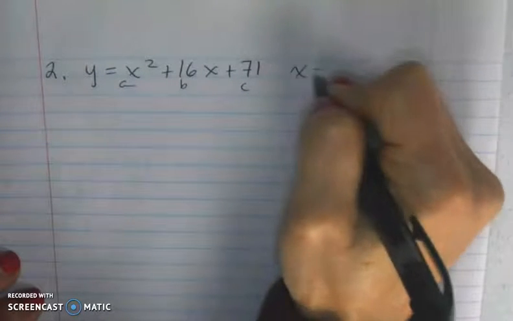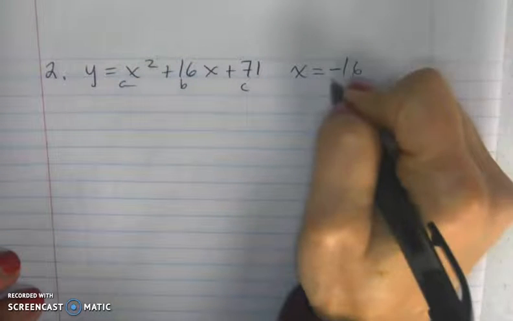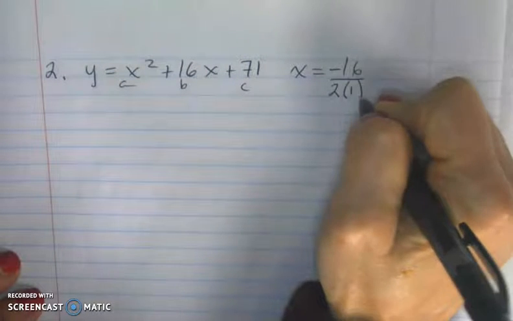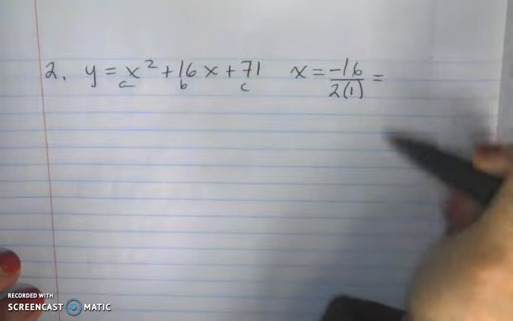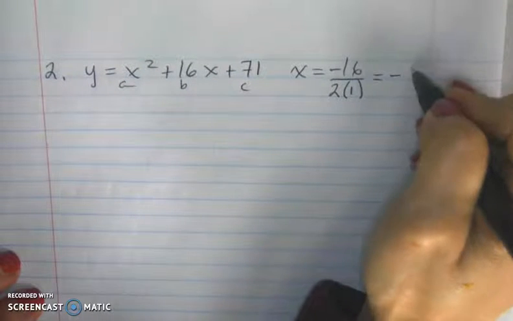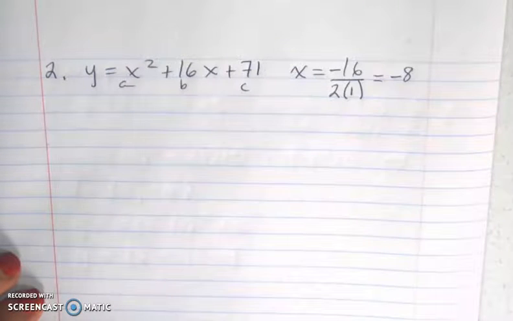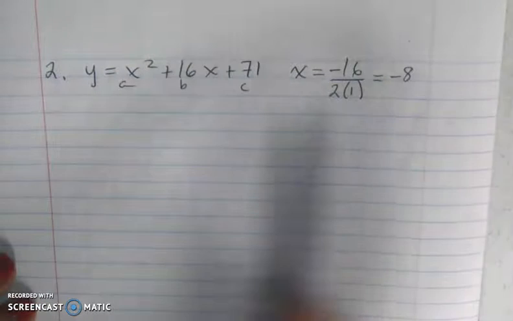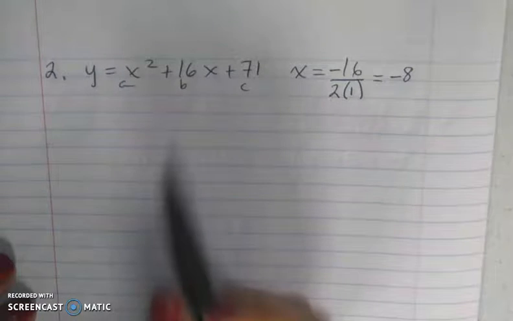So that means we're going to have negative 16 over 2a. Negative 16 divided by 2 is just negative 8. So we have our x-coordinate of our vertex. We're going to take it, plug it in, and see what we get for y.